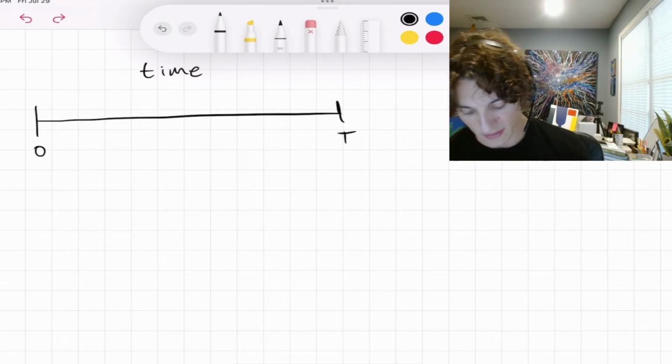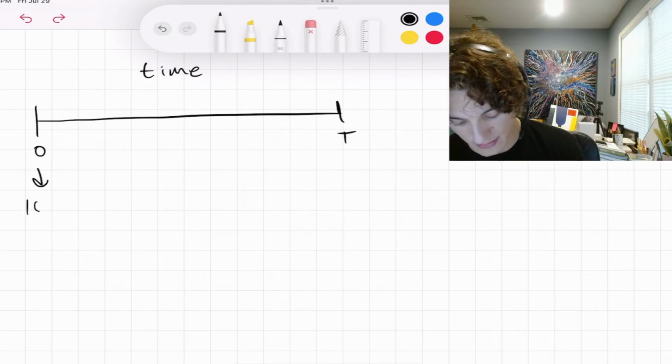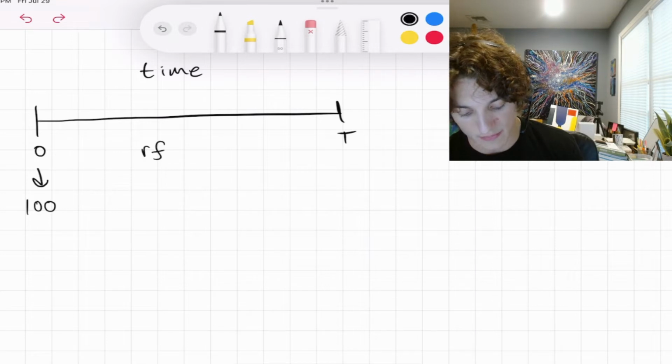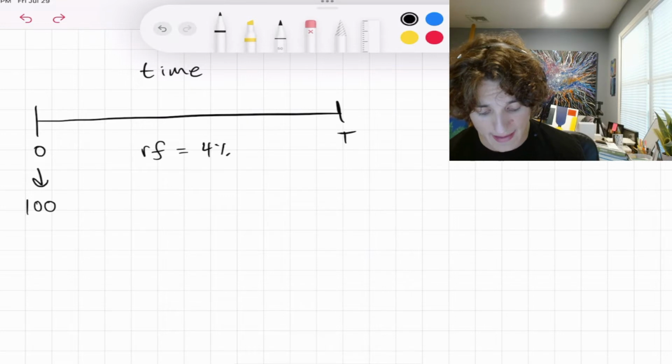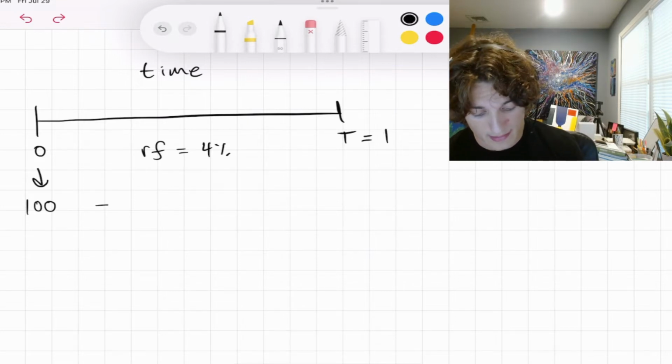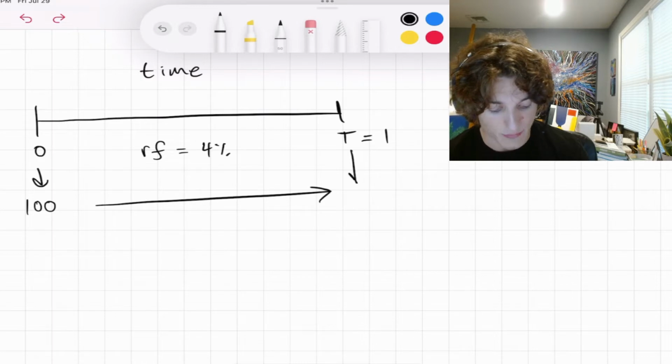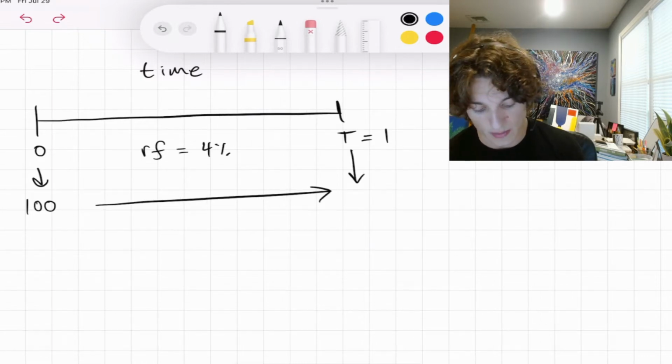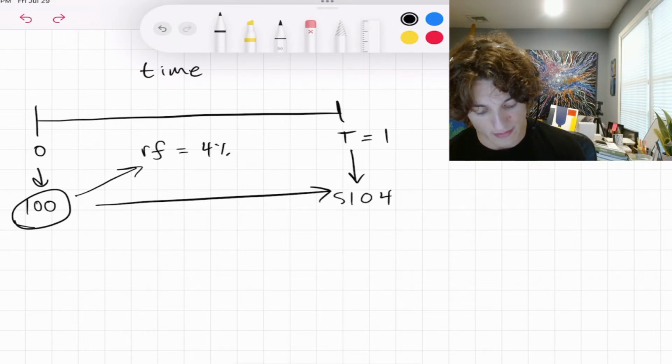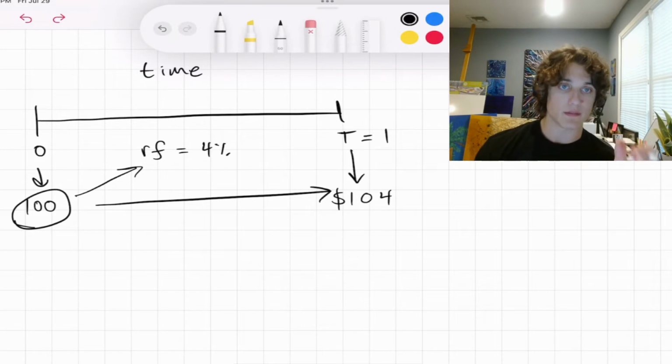So, just for example, if we have $100 today, then if we have some risk-free rate of return, let's just call it, say, maybe 4%, then maybe that's 4% annually. If cap T is equal to 1, then at cap T, if we were to invest this $100 at a risk-free rate of interest, we would be at $104 that 1 year in the future.